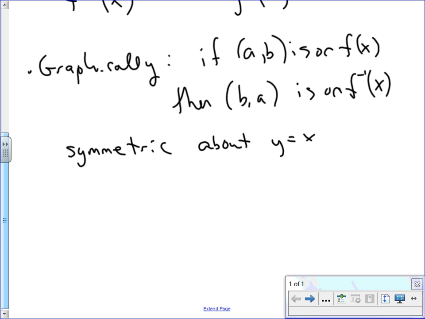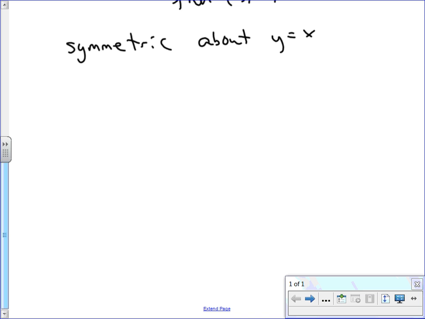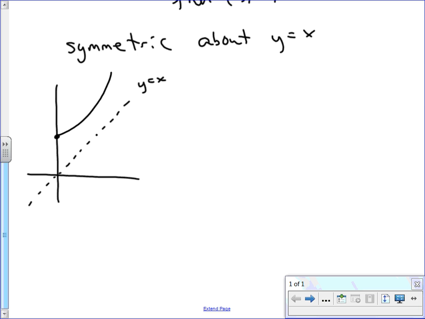So let me give you a graphic sample of that. The line y equals x is that 45-degree line right up the middle of quadrant 1 and quadrant 3. And if I were to draw a function here and tell you that it's f, and name two points on it, 0, 3 and 1, 4.